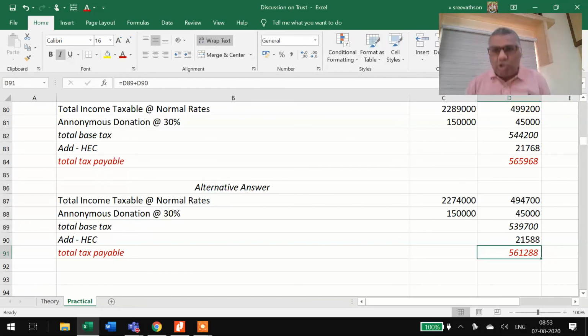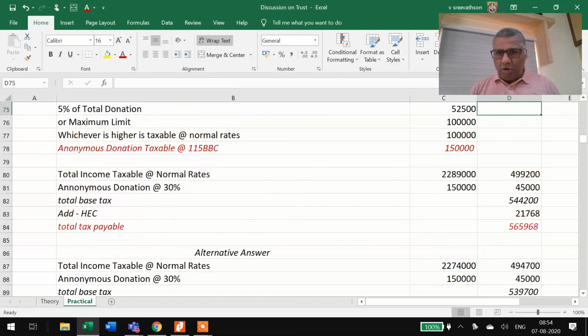That is also in 115BBC. If it enters 115BBC, deductions or exemptions cannot be claimed. The intention of the lawmaker is to take anonymous donation out of the main computation, which they have done.